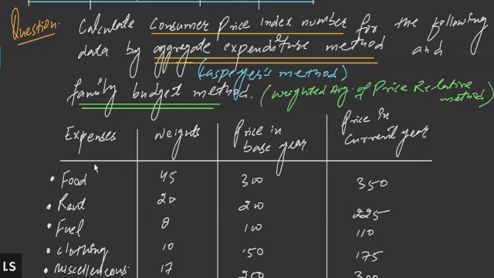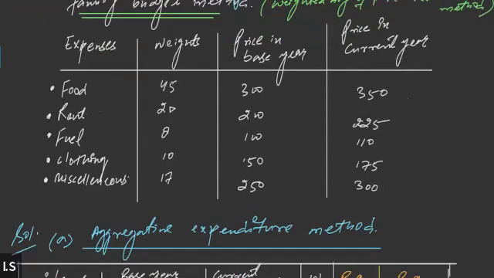We have information about the various items on which we spend: food, rent, fuel, clothing, and miscellaneous items. Then we have the weights of all these items, the base year price, and the current year price as well.